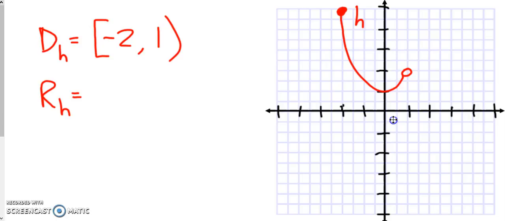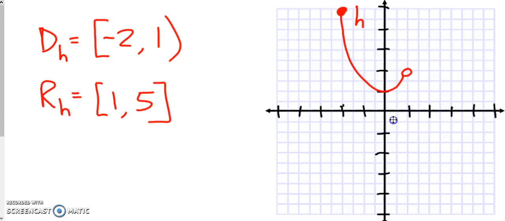It's got to go from low to high, so it's got to be like this. Now, the thing that trips kids up here is because there's an open circle at 2 on the Y, isn't there? The range includes all the Y's between 1 and 5, right?